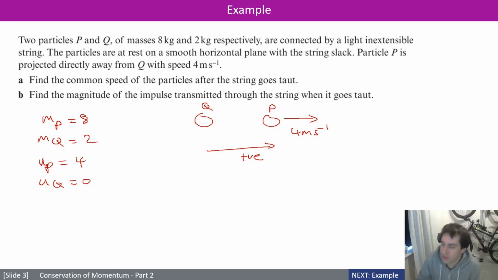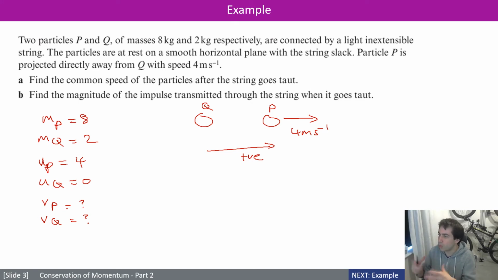So here's the interesting thing. You'd think we've got two unknowns, v of p and v of q. But actually they have to be the same value. Unlike with collisions, if you have two objects suddenly connected by a string, then as they continue onwards, they're going to be going at the same speed.